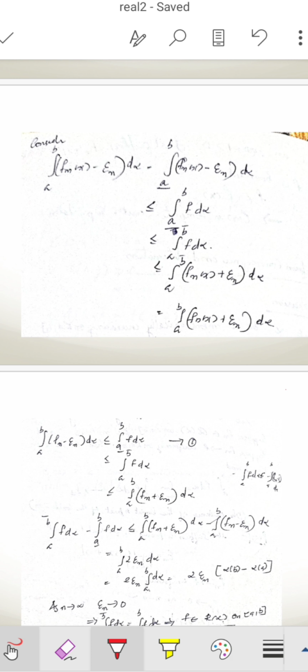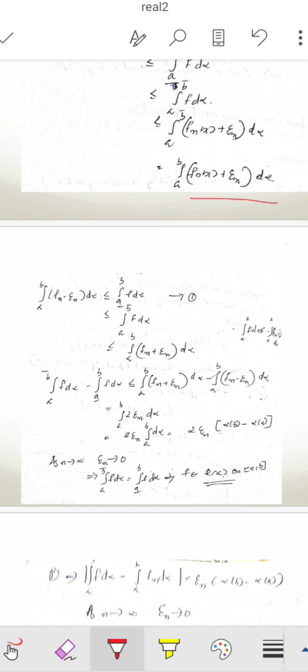From the inequality we wrote earlier, the lower integral from a to b of f_n(x) minus epsilon_n d alpha is less than or equal to f(x), which is written as less than or equal to the lower integral from a to b of f d alpha, less than or equal to the upper integral from a to b of f d alpha, which is less than or equal to the upper integral from a to b of f_n(x) plus epsilon_n d alpha, which equals the integral from a to b of f_n(x) plus epsilon_n d alpha.